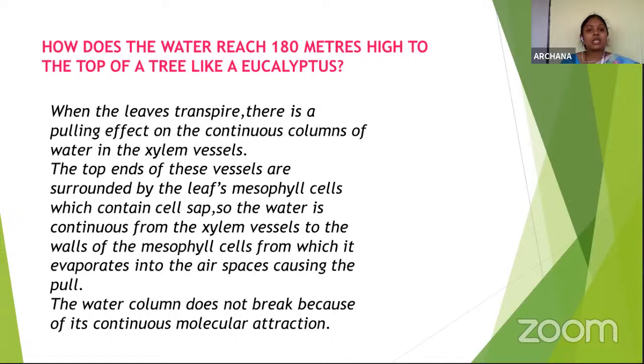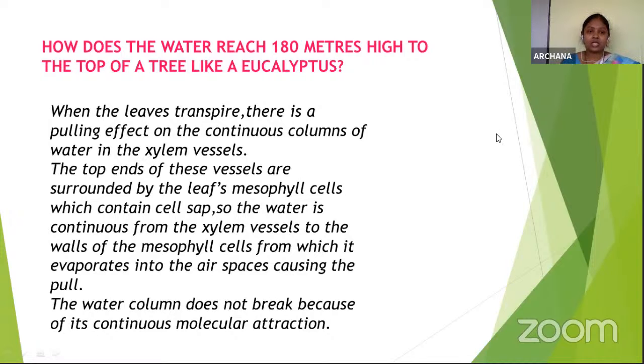In the forest area, we find many tall trees which are several meters high, like Shorea species, eucalyptus species, etc. Now, when the root pressure is nil, a doubt arises: how does the water reach 180 meters high to the top of a tree like a eucalyptus?